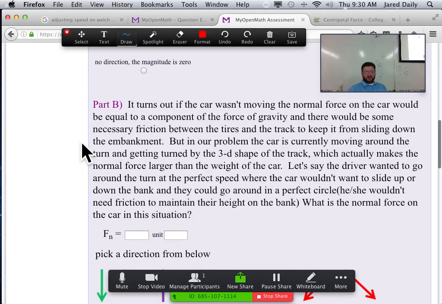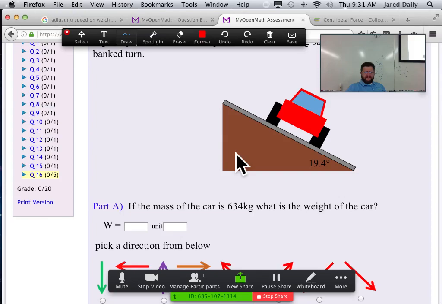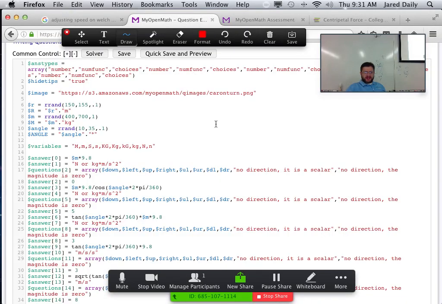I think what they're asking for, they're saying the normal force is essentially equal to the weight times the cosine of the angle.